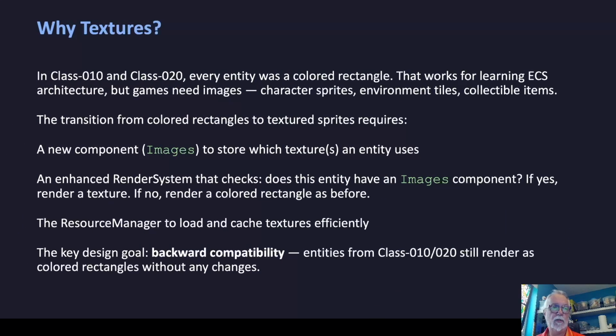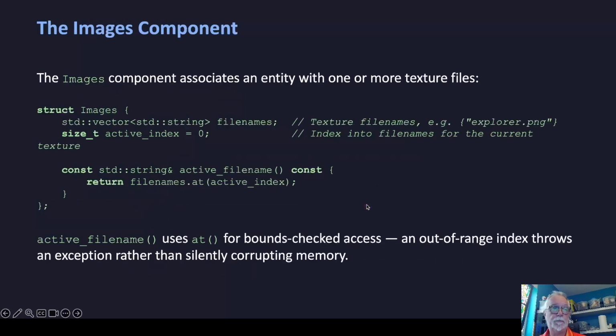So how are we going to do that? We're going to add a new component called images. Images is going to be the component that our render system will use. If you have an images component, we'll render a texture. If not, then I'll render a colored rectangle as before.